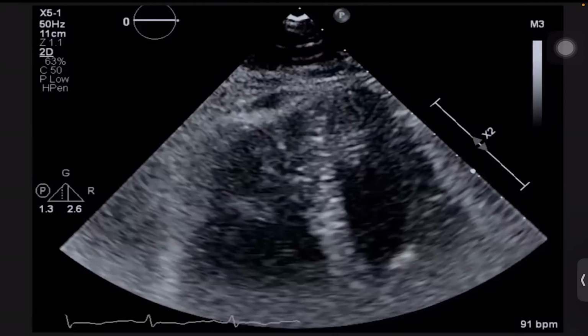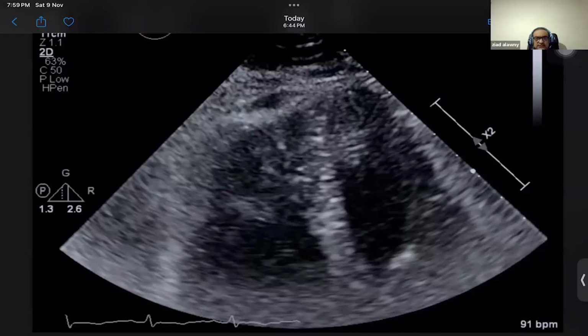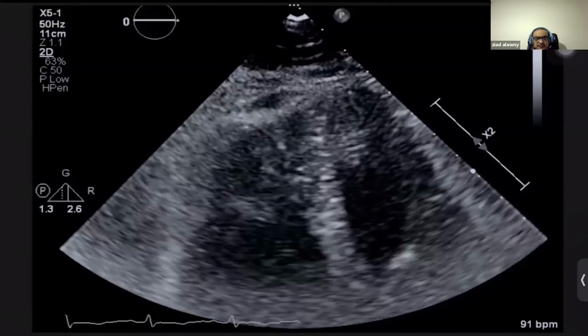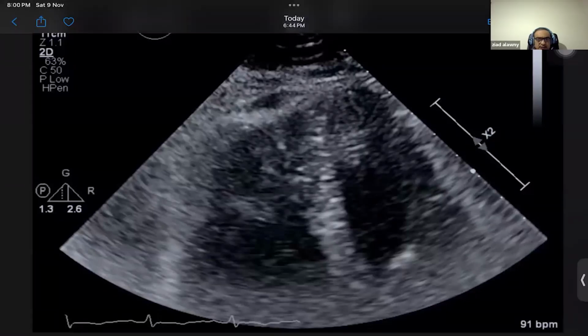Dilated right atrium also. This could be amniotic embolism, this could be anything. This could be pulmonary embolism also. So how do you say that this is a pulmonary embolism?